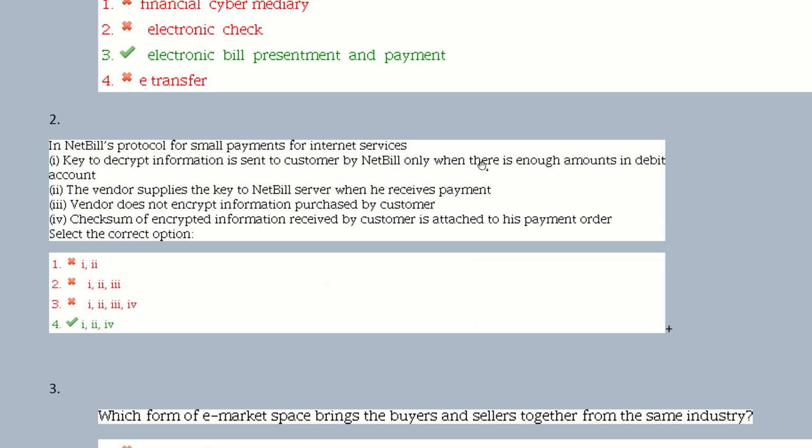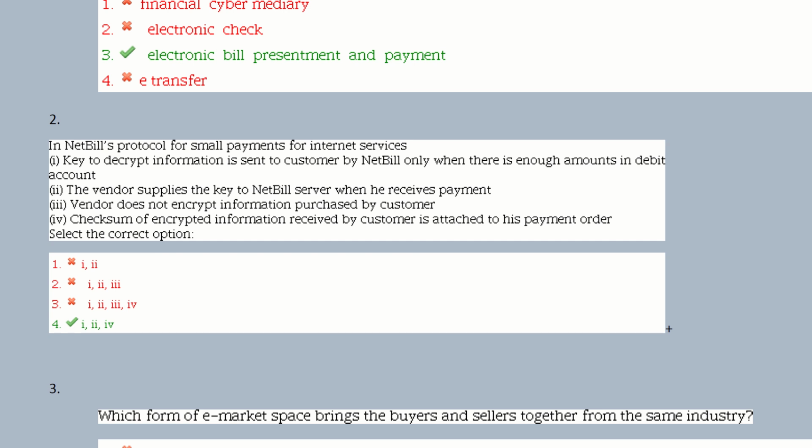So, next question: in NetBill's protocol for small payments for internet services, options: key to decrypt information is sent to customer by NetBill only when there is enough amount in a debit account. The vendor supplies the key to NetBill server when he receives payment. Vendor does not encrypt information purchased by the customer.